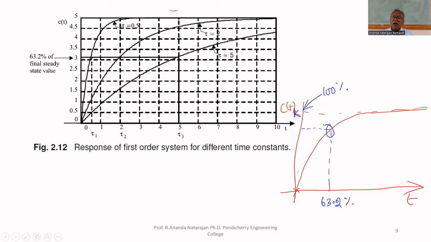The time taken to reach this point is called the time constant tau of this system.